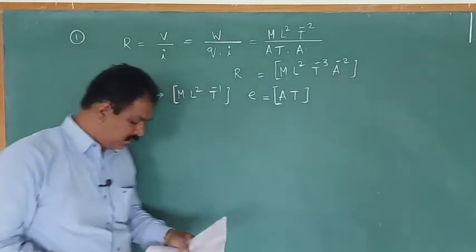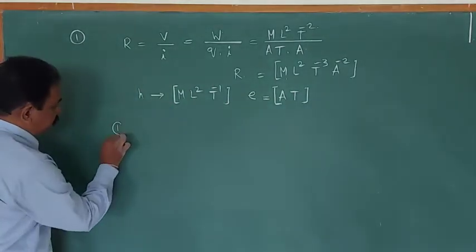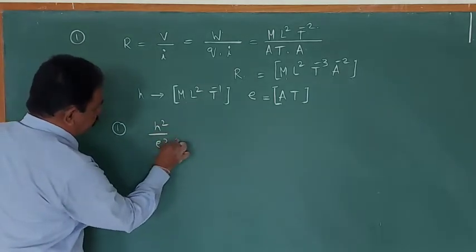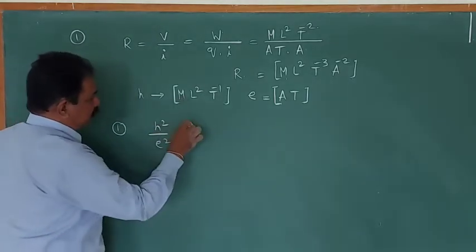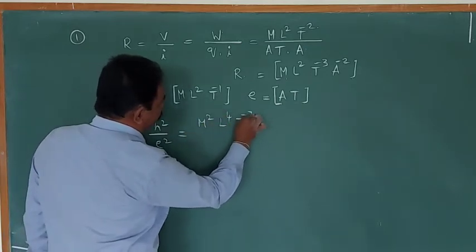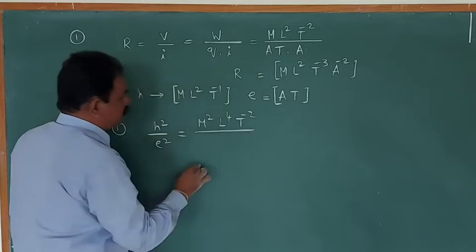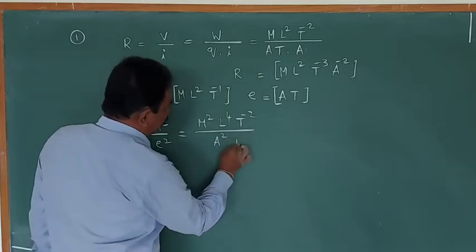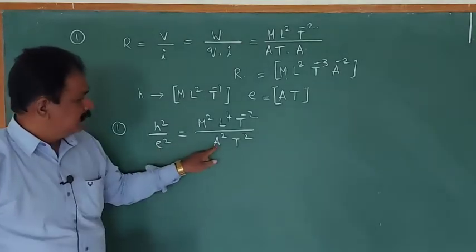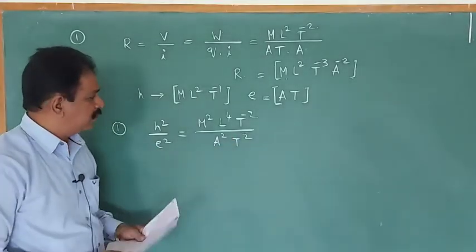You have to find. First option, you take h square by e square. H square is M square L power 4 T power minus 2. E square means A square T square.